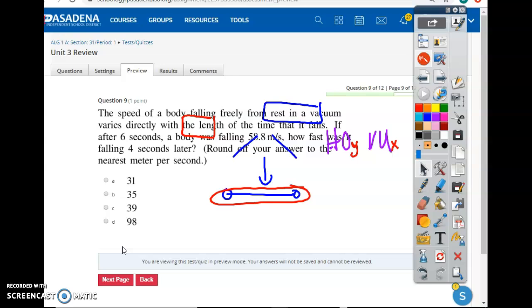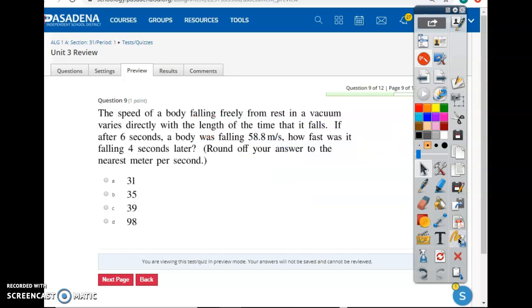Problem number 9. This one is direct variation, varies directly. So you're going to make a table, and you're going to find the missing variable. So it says, after 6 seconds a body falls 58.8, so 6 seconds, 58.8, how fast was it falling 4 seconds later?